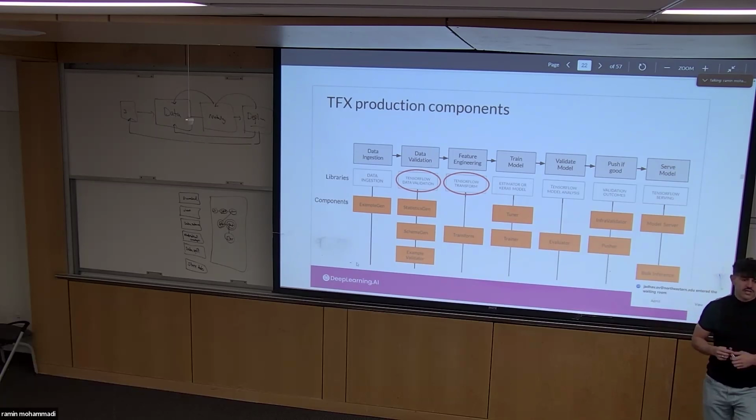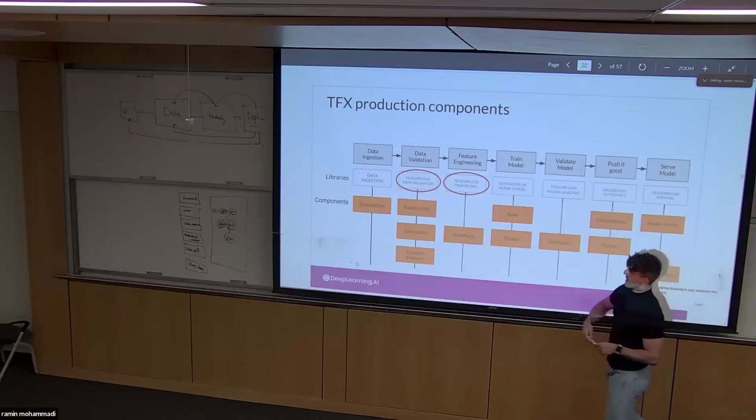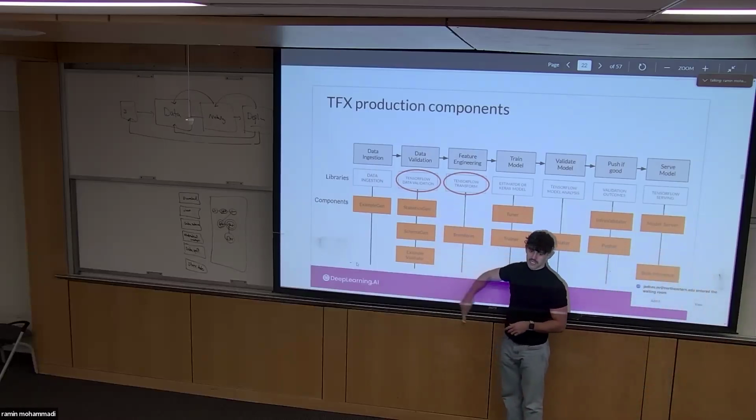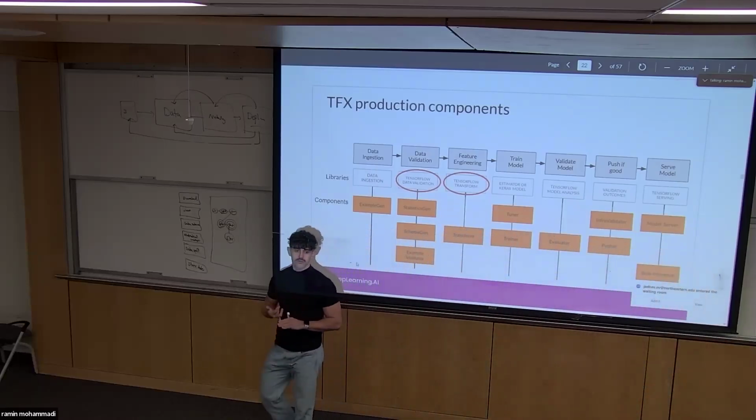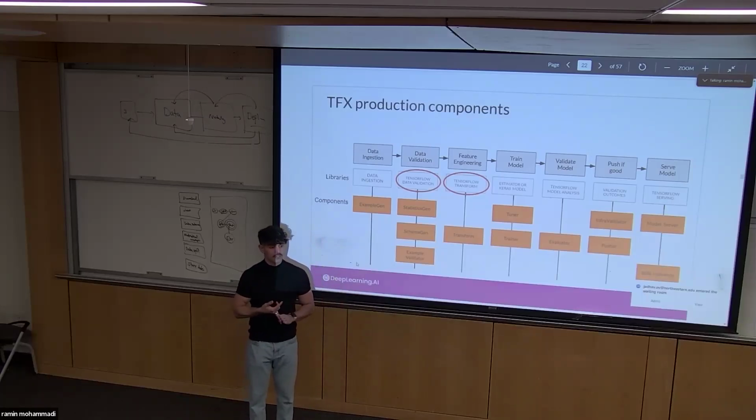Then the question is, what should we do? Should we stop this? Should we process it? Should we go back and update our schema and statistics because now we saw a new category? Those are things that we will talk about later. But that's why you need this. So basically, every data pipeline needs to have some schema from the training and some statistics that you compare to.